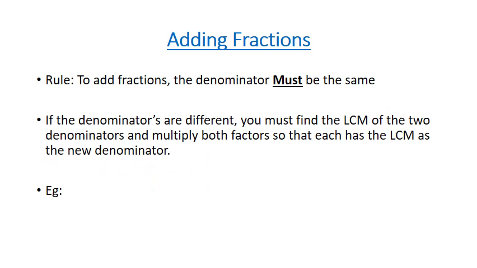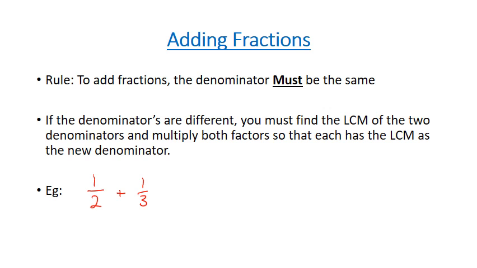If you find that you're trying to add fractions but you have a different denominator, then what you need to do is find a lowest common multiple of both denominators, so that the new fractions have the same denominator. Let's have a look at an example. Let's say we've got 1/2 plus 1/3.